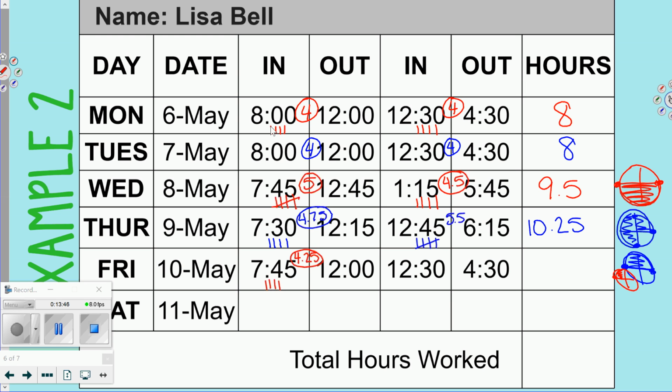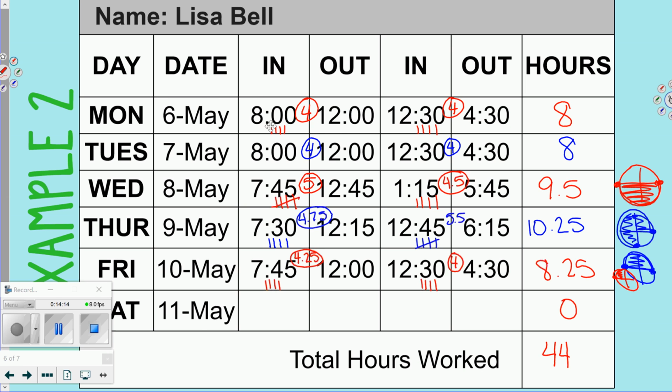All right, and then 12:30, 1:30, 2:30, 3:30, 4:30. I'm right on it for an exact 4 hours. So that would be 8.25. And then Saturday is blank, so there's nothing there. So our total hours, 8 plus 8 plus 9.5 plus 10.25 plus 8.25, we're looking at 44 hours.